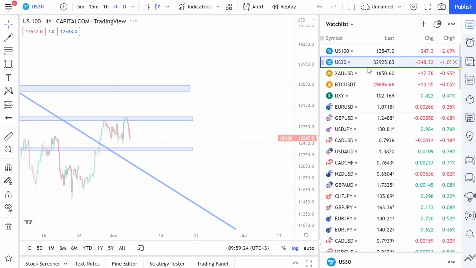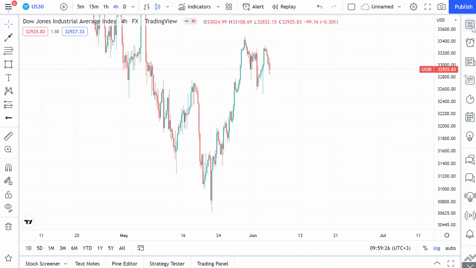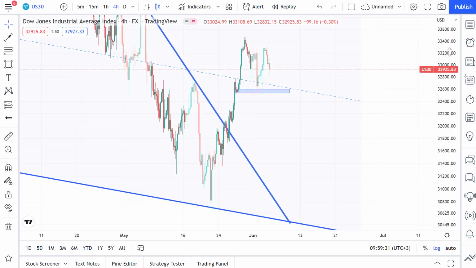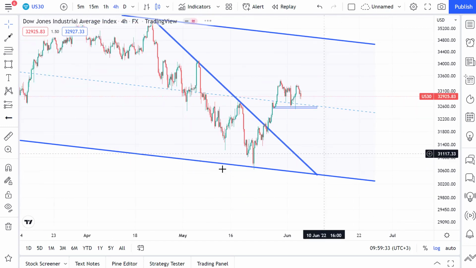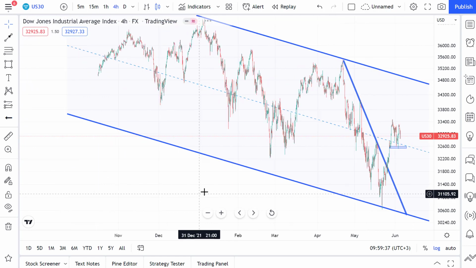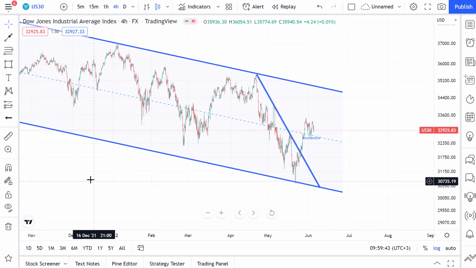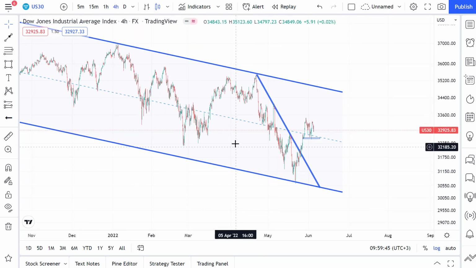Okay, the other one is US30. For US30 or Dow Jones, we had a downtrend. If you can remember, it's a very mellow downtrend. It's not very sharp, and the price is kind of decreasing.